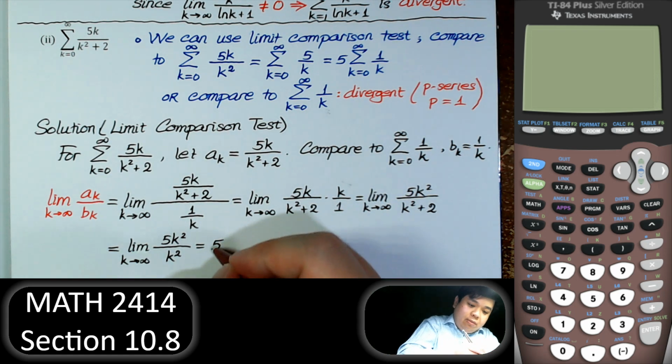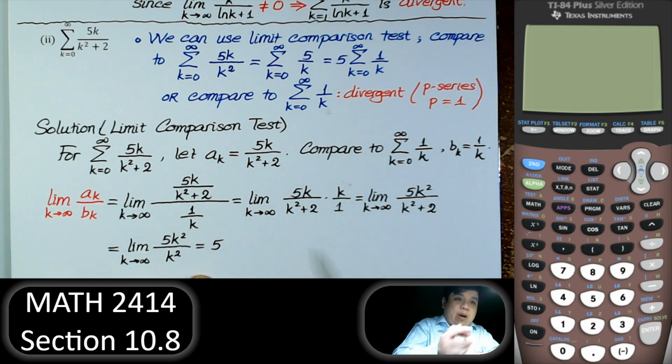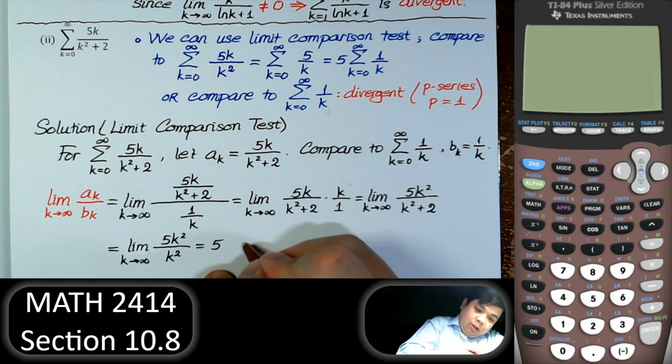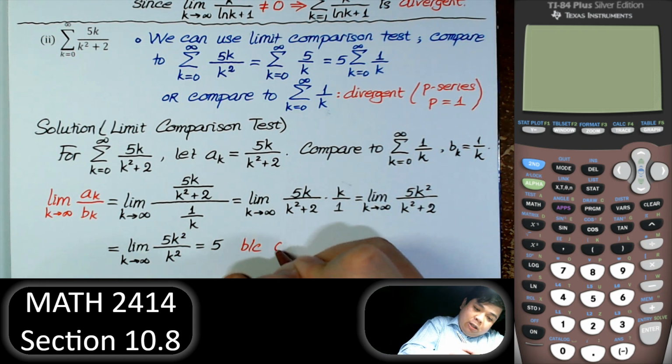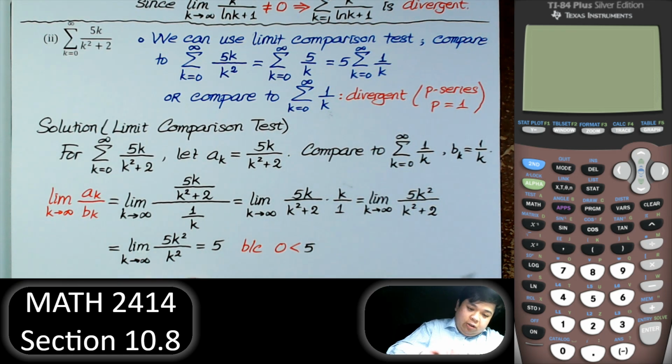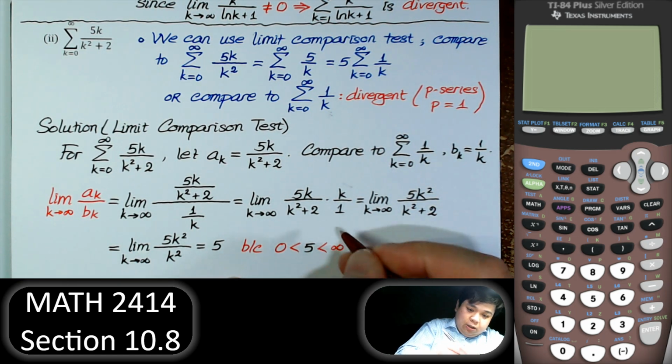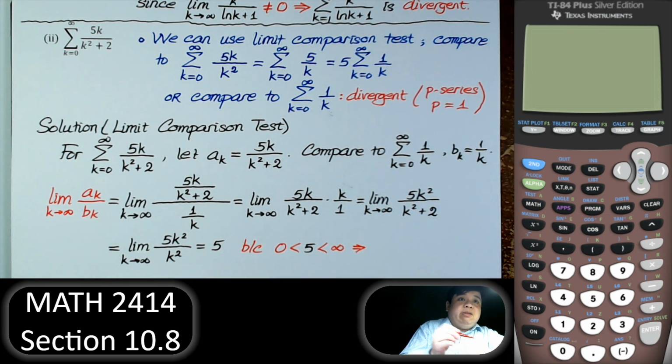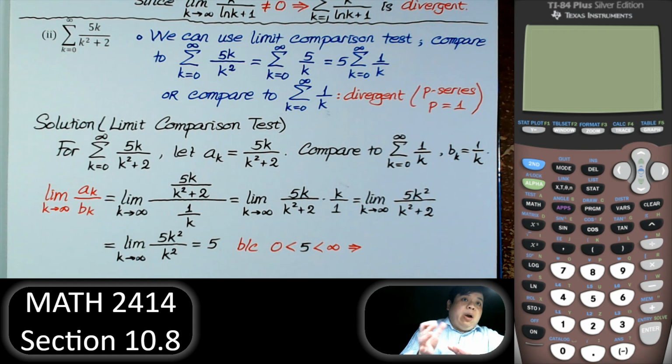Right. So I will write that again. Since we have a constant here, because we have 5, which is between 0 and infinity, that means a of k and b of k have comparable rates, comparable growth rates.